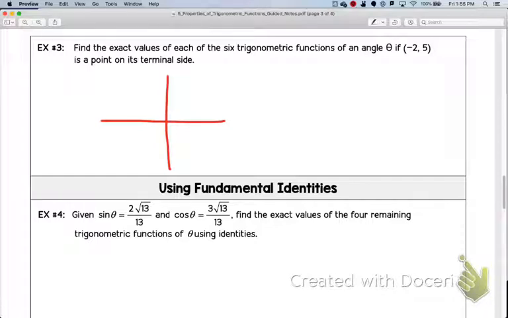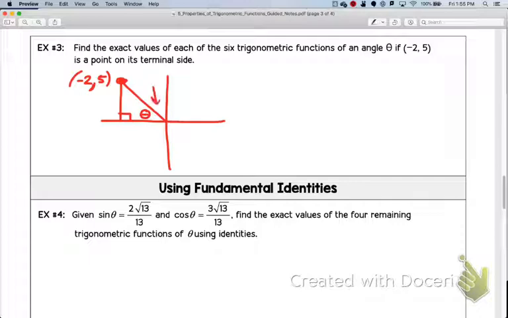So let's go ahead and recreate this. Negative 2, 5, I'm just going to eyeball it and put it right there. If you want to be really precise about it, go for it, but you don't have to. Now I'm going to drop a perpendicular straight down to the x-axis, and then make a diagonal hypotenuse down to the origin, and now I just created angle theta. Remember, your reference angle is always attached to the x-axis.